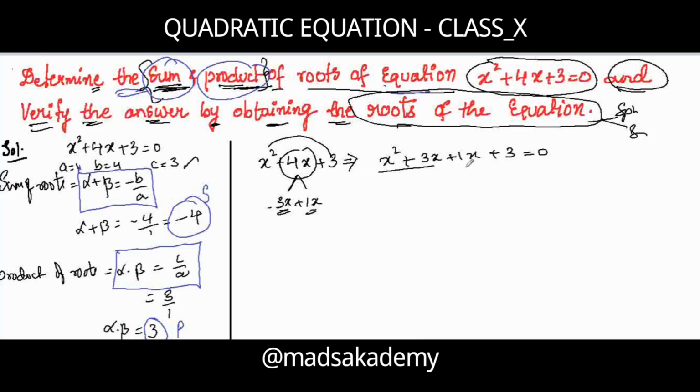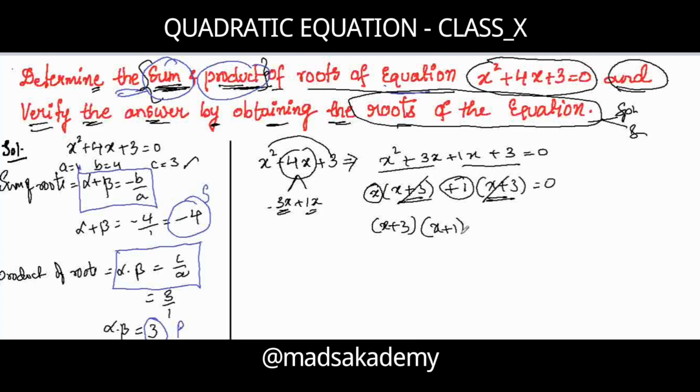So underline these two, underline these two. I can take x common from these, so it will be x plus 3. From the others I can take nothing common, so put 1, it will be x plus 3. And if you observe, the bracket term is the same, so I can take x plus 3 common. After taking the bracket term common, from here I got x, here I got plus 1.